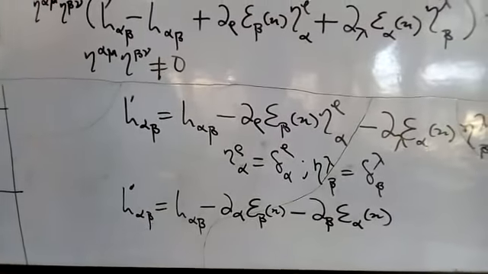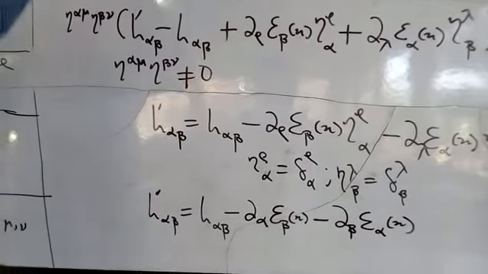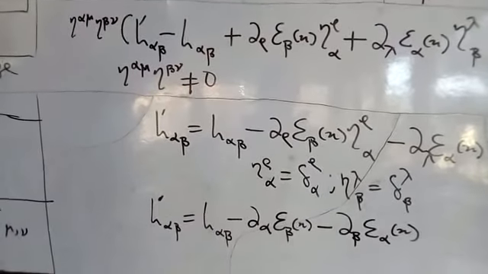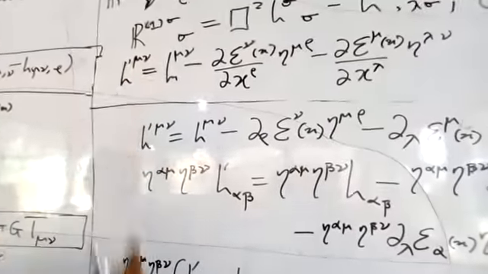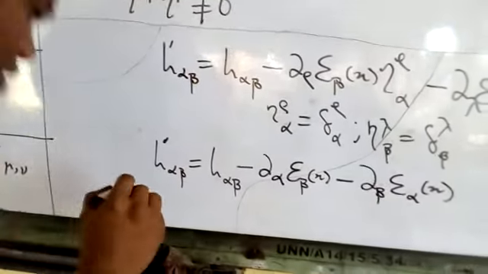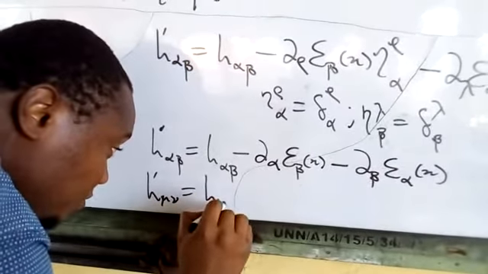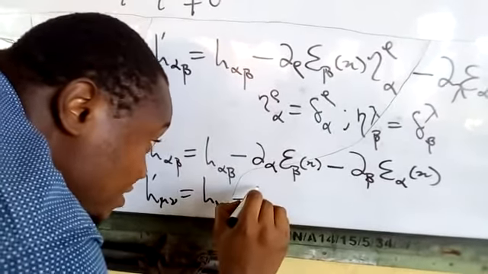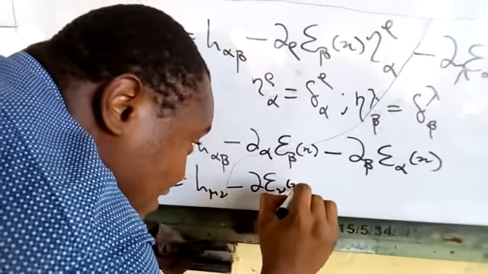In this last expression, I can decide to see if I can get something close to that. Make the first index mu and the second one nu. So on this expression, if I make alpha mu and beta nu, this will simply mean h prime mu nu equal to h mu nu minus, okay, so I have here the epsilon nu of x.